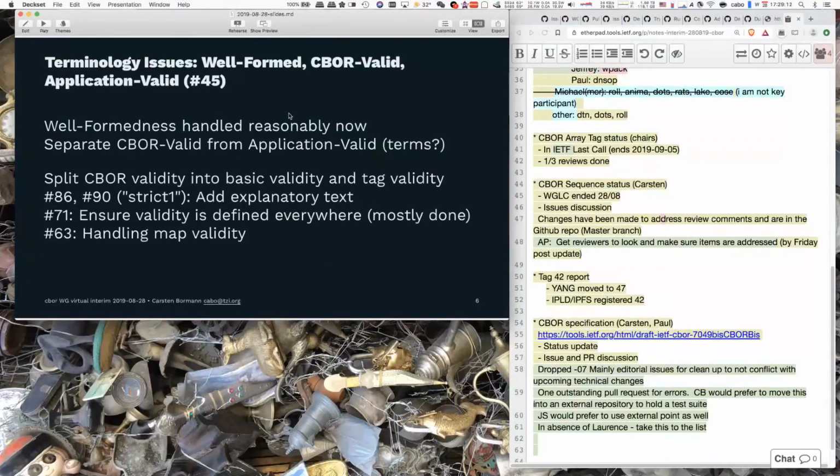And I think what we really need is some better terminology that separates the kinds of validity here. So there is some basic CBOR validity, but there are also application aspects that enter basic CBOR validity. So if you are talking about duplicate map keys, there is an application view on what actually is duplicate that influences the CBOR validity chain, which is a bit weird. So yeah, terminology is not easy there.